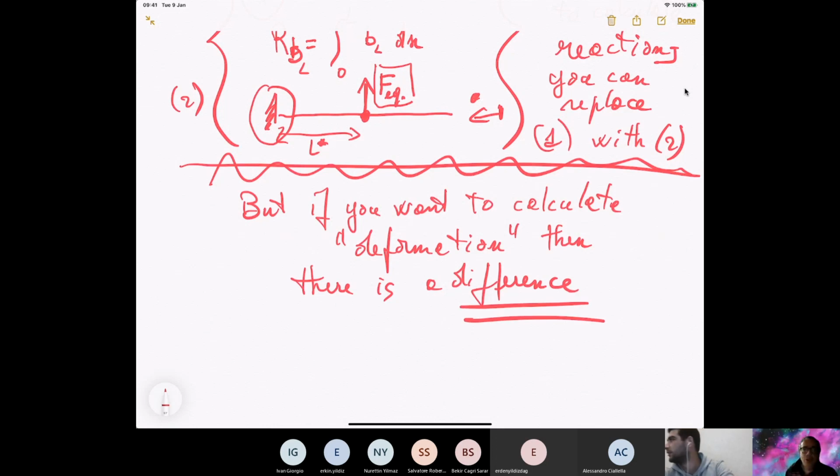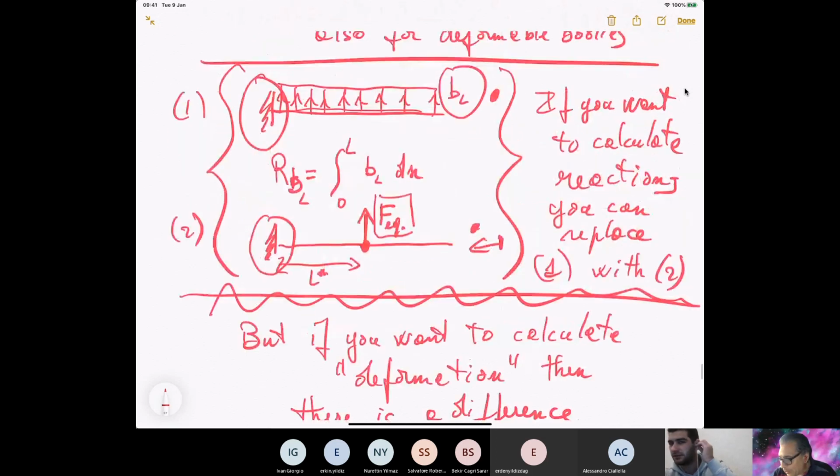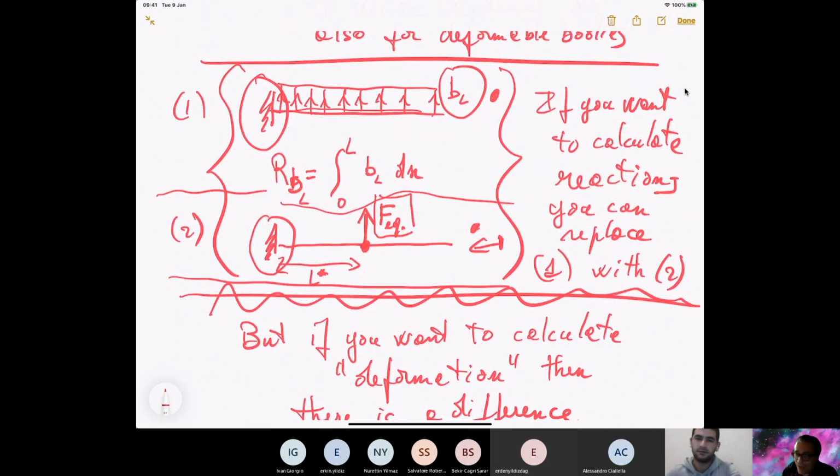Now is the nice story. The student solved this problem too, also for calculating the deformation, and found the wrong result. So the professor told him, look, you are wrong.